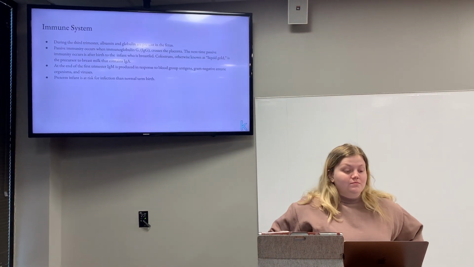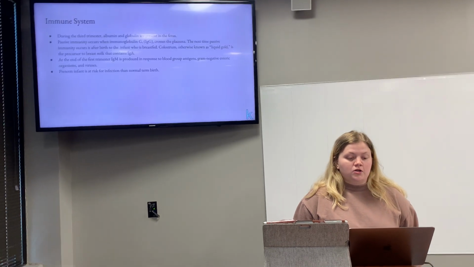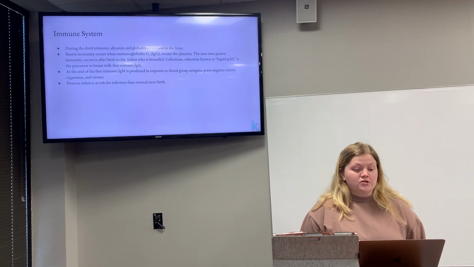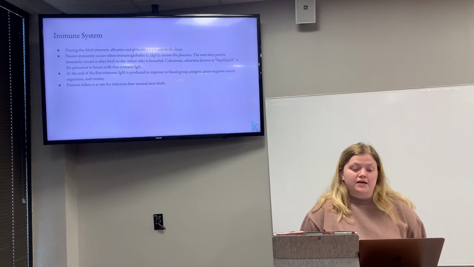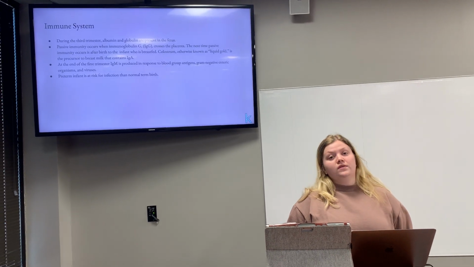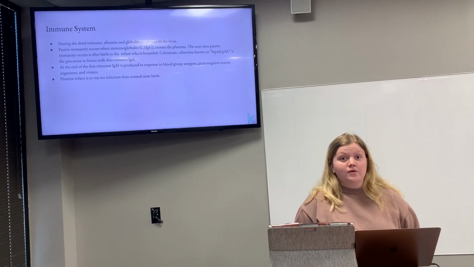So, the immune system. During the 3rd trimester, albumin and globulin are present in the fetus. Passive immunity occurs with IgG, which is an antibody that crosses the placenta. The next time passive immunity occurs is after birth, when the infant is breastfed through colostrum, also known as liquid gold in baby world.